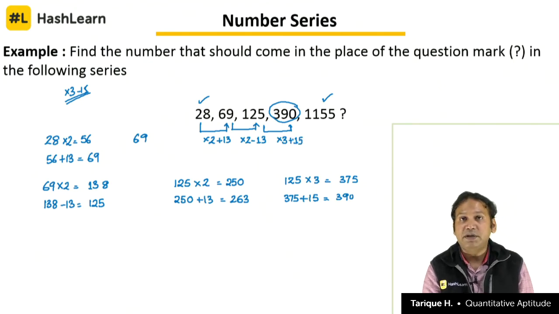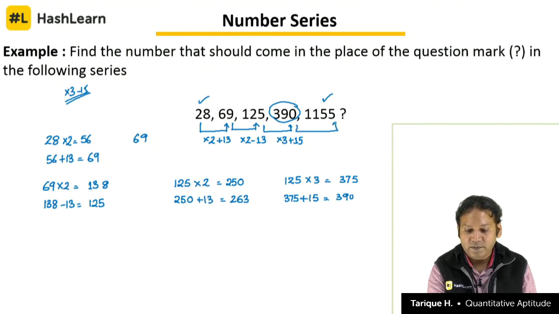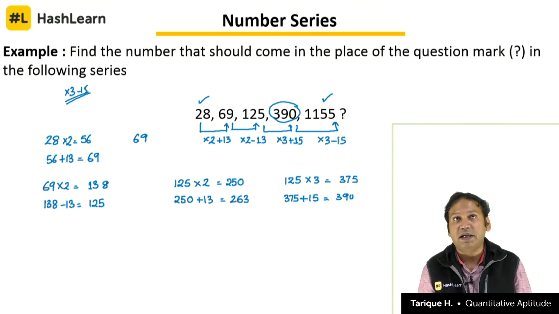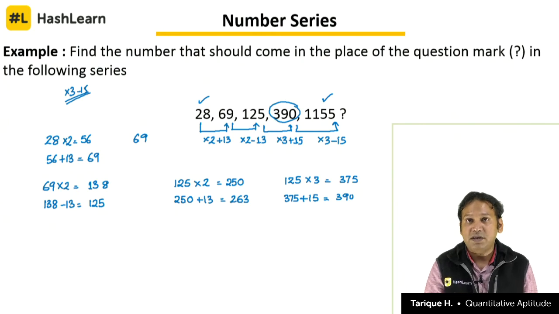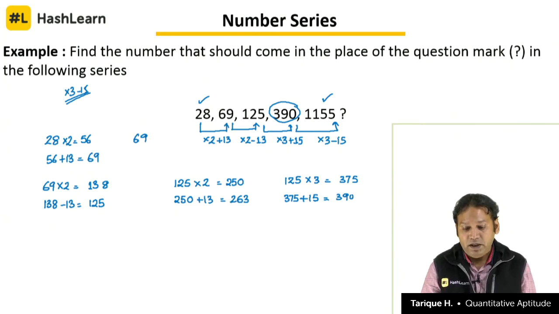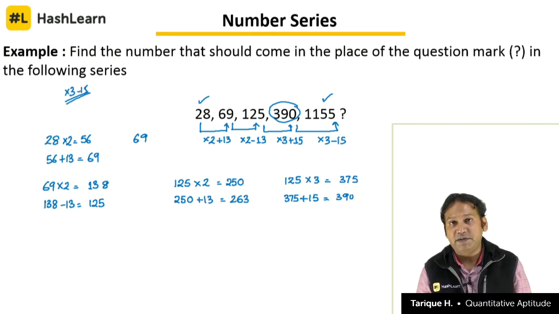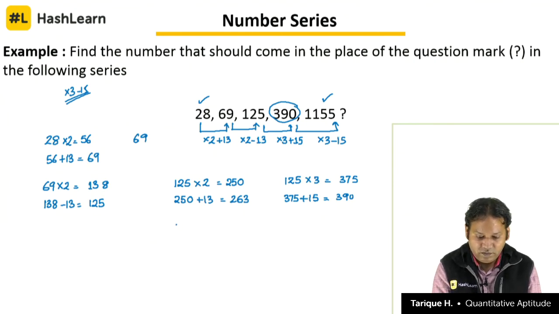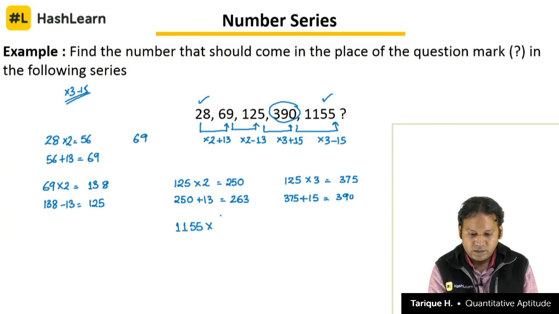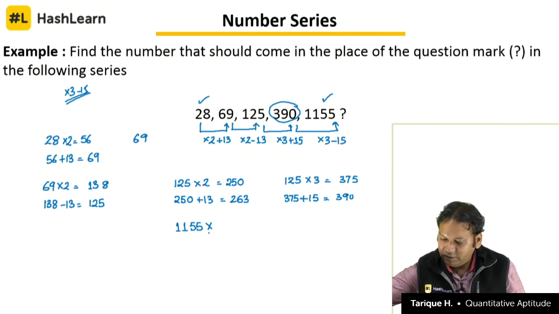Still some pattern is there because into 2, into 2, into 3. So next one should also be into 3 then. Plus 13, minus 13, plus 15, minus 15. That definitely looks like a very good pattern. Into 2 plus 13, into 2 minus 13, into 3 plus 15, into 3 minus 15. So if you see here, sorry, 390 we are taking, not 1155.